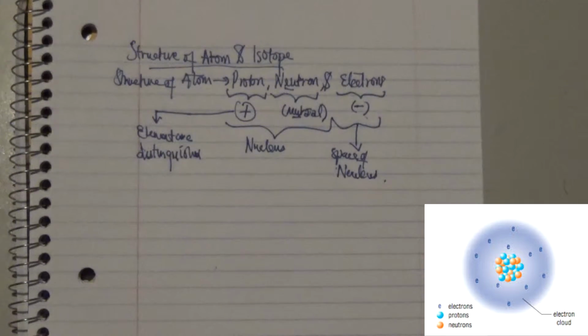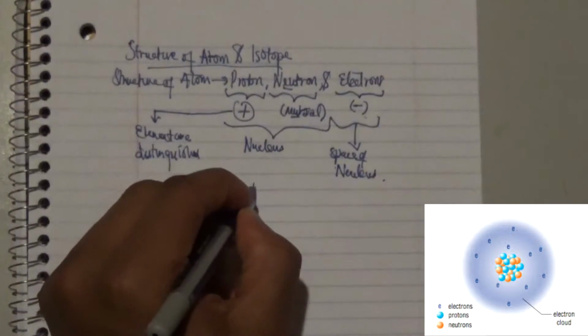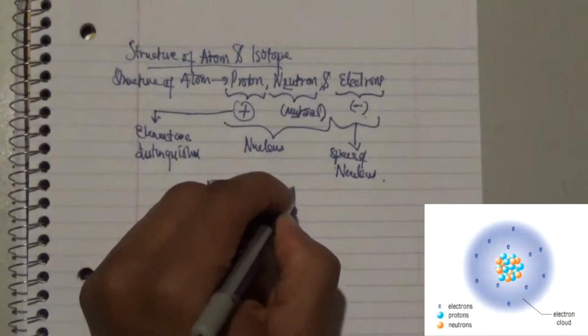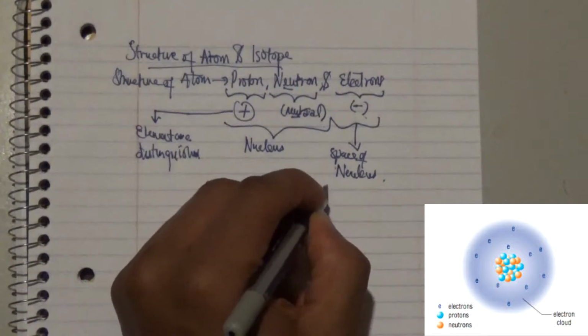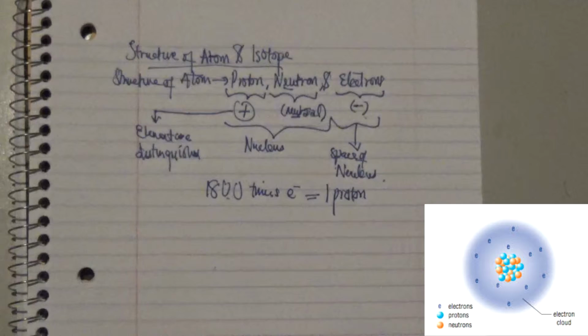And one of the unique things about protons versus electrons is that the mass of a proton is about 1800 times the mass of an electron, which tells us how massive the nucleus is versus the electrons surrounding it. And we do know that electrons are mostly involved in chemical reactions and chemical bonding.